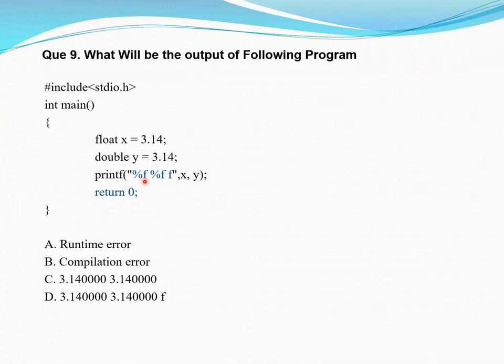So 3.14 will be displayed as 3.140000, and similarly the value of y will be displayed, that is 3.140000, and after that a space will be displayed and a character f will be displayed. So the output of this program will be option D, that is 3.14 with four zeros, 3.14 with four zeros, and after that f.